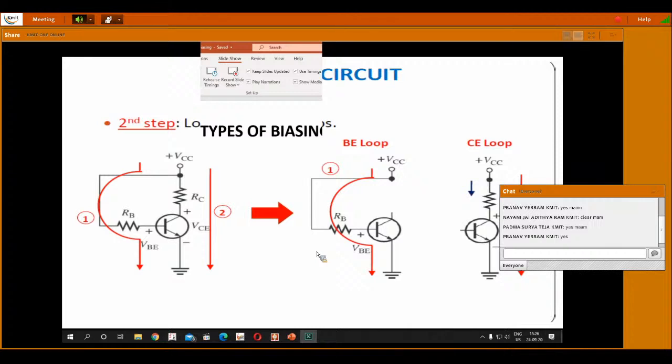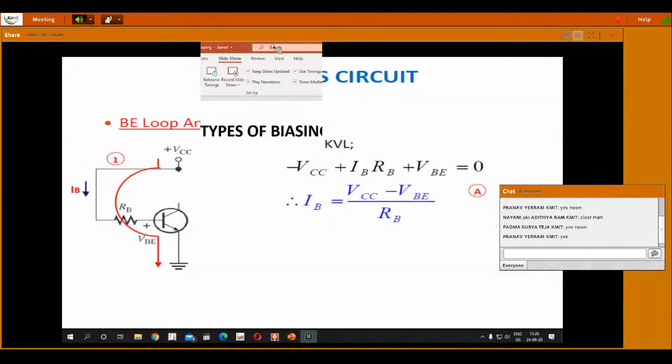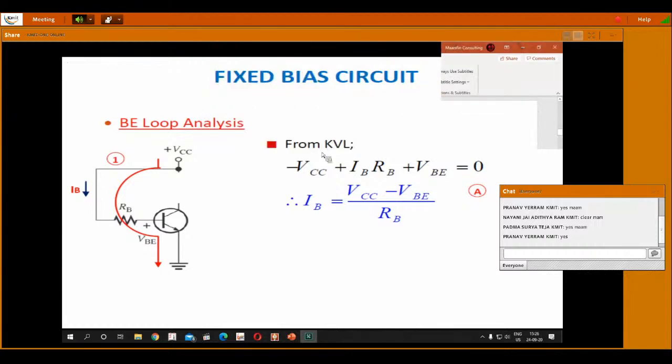Next, I have to analyze the input by applying KVL. Here we have minus VCC or plus VCC. If I take minus VCC, then it will be plus IBRB.